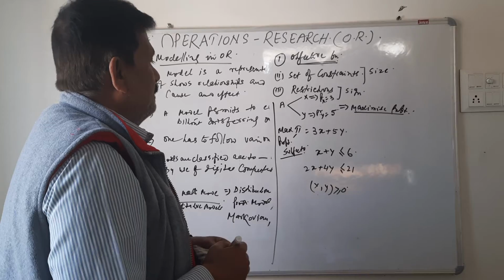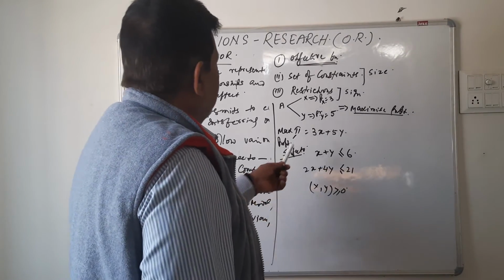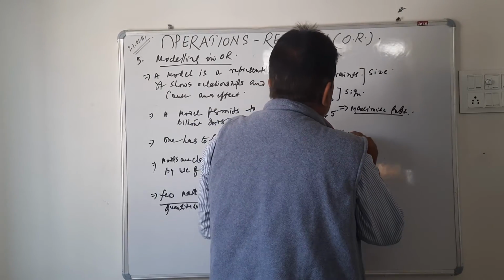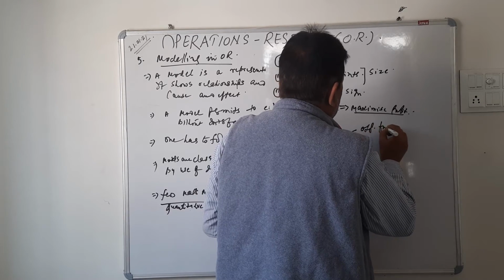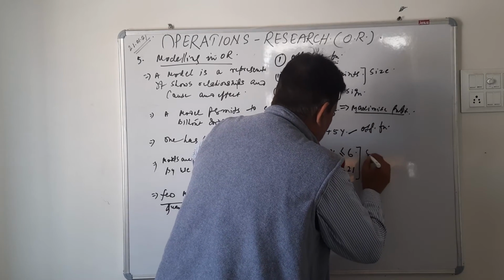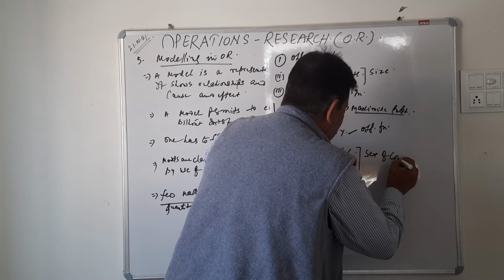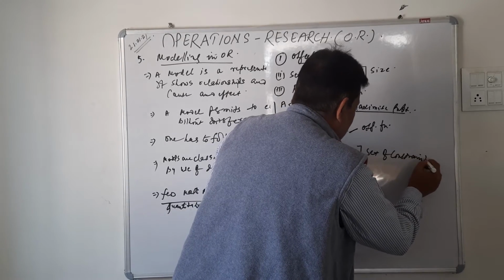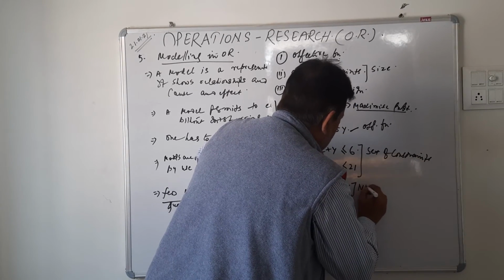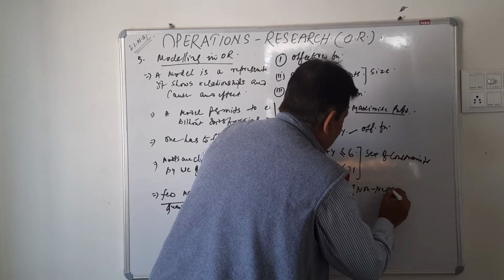This is just a perfect OR model. This is the objective function. This is a set of constraints, and this is the non-negativity restriction.